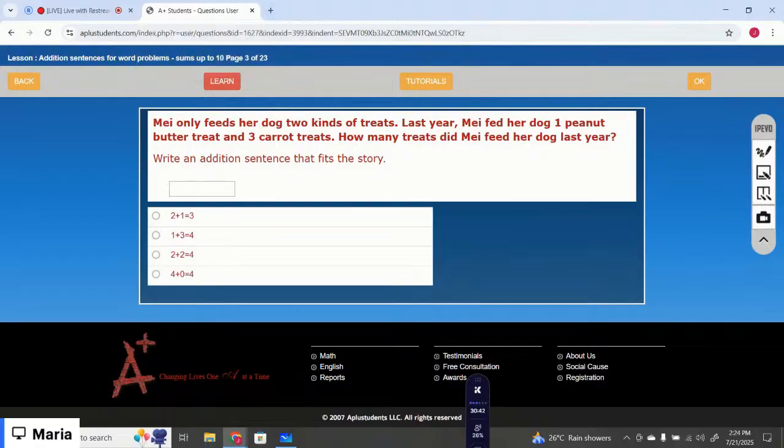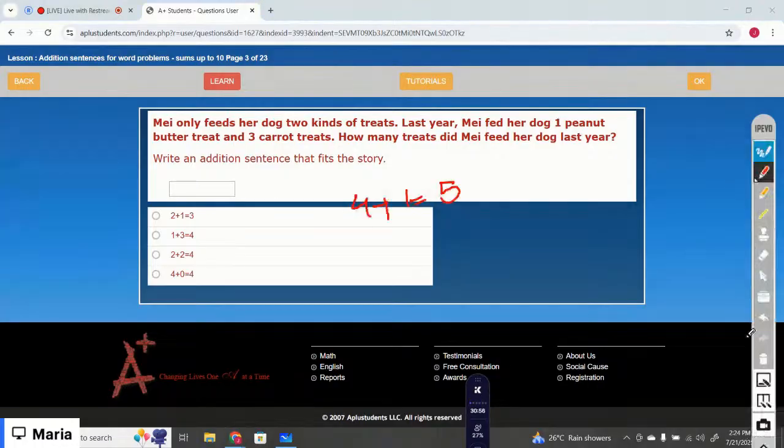May only feeds her dog 2 kinds of treats. Last year, May fed her dog 1 peanut butter and 3 carrot treats. How many treats did May feed her dog last year? So 3 plus 1 makes. Start with 3 and count up 1.